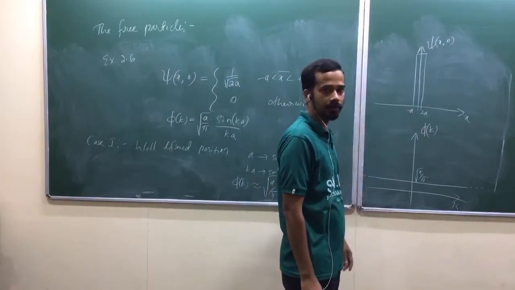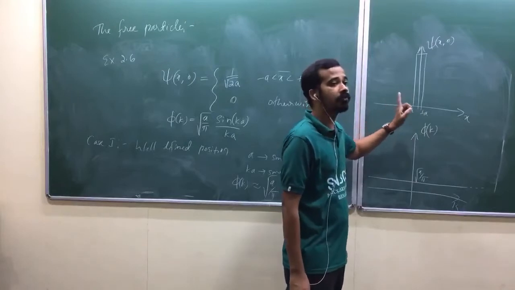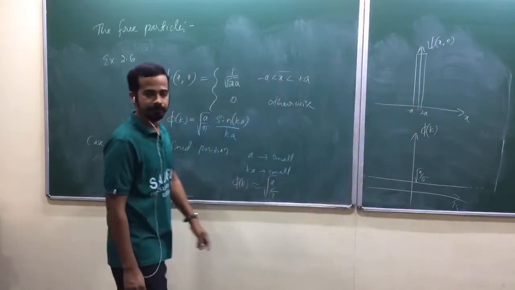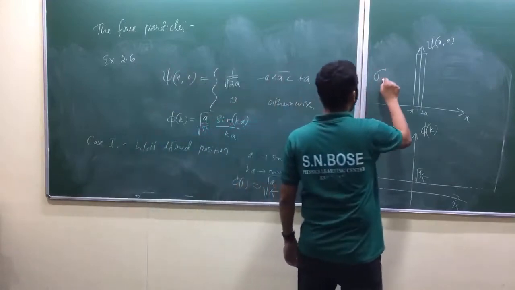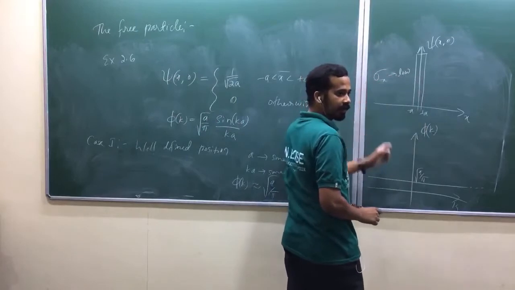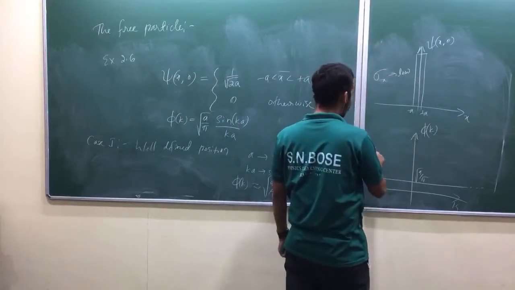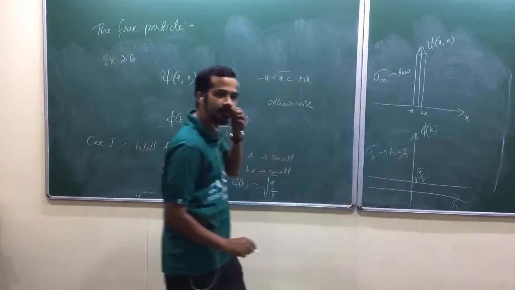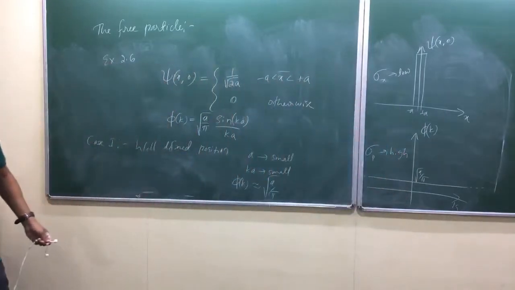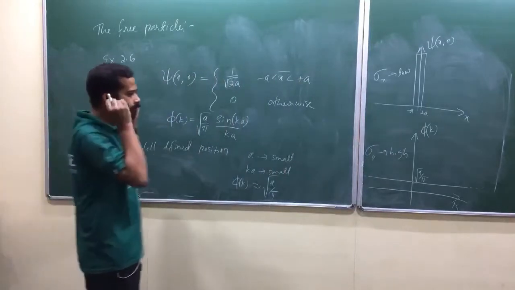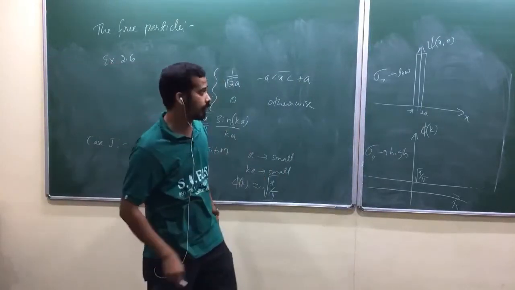If you try to prepare a state with a well-defined position, momentum will be ill-defined. Is that okay? Here, your sigma x is low, am I right? Simultaneously, the corresponding momentum state happens to be like this. Sigma p is high. And you don't have control over it.